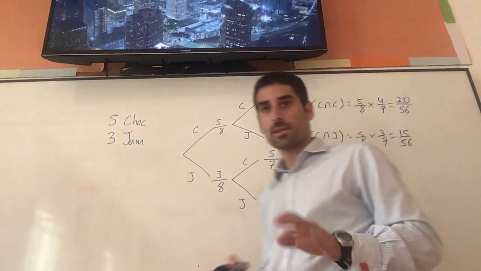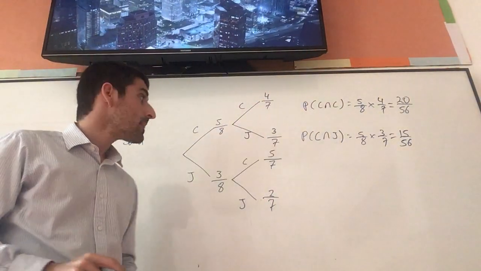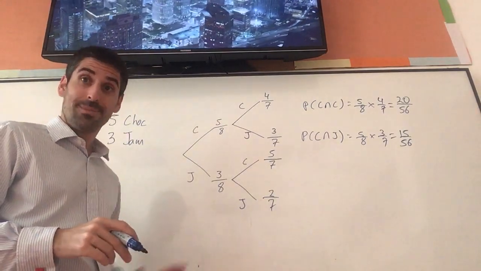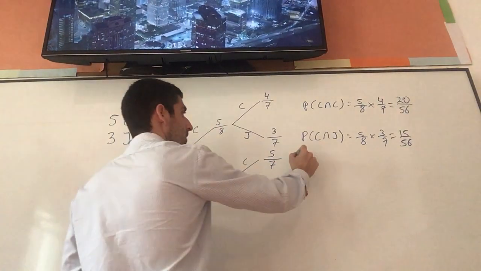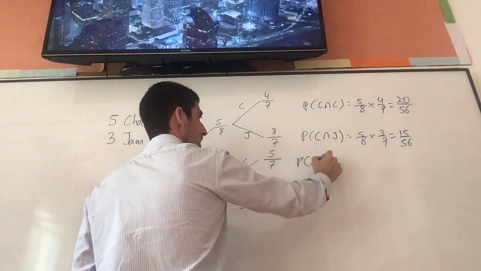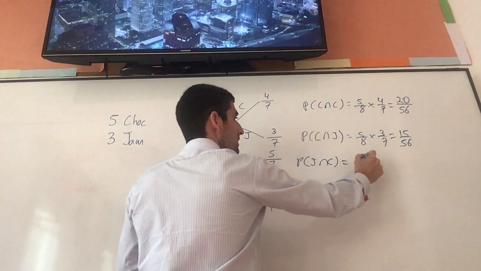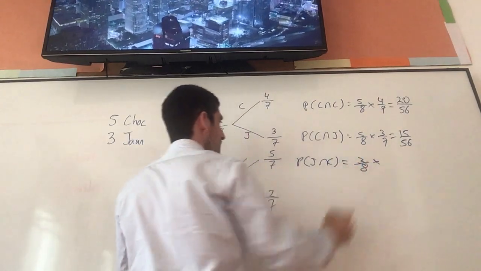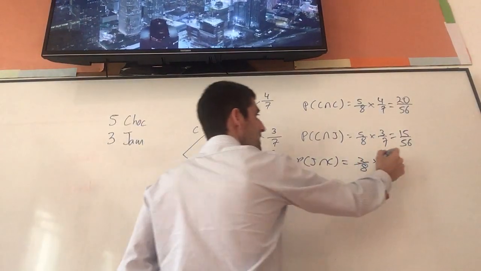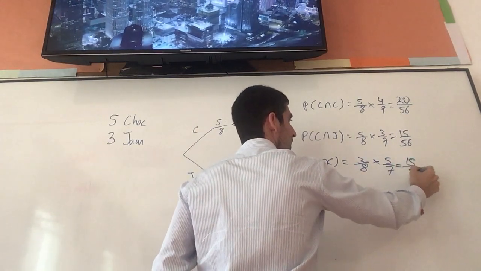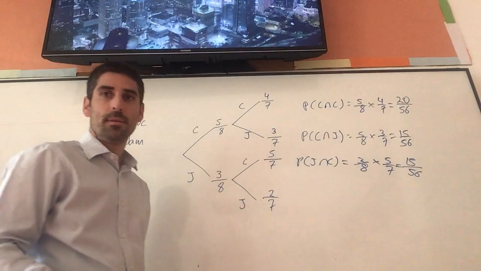So that's the first one chocolate, the second one being jam. But I could also do the other way around. The first one could be jam, and the second one chocolate. So the probability of jam and chocolate is 3/8 times 5/7, which is also 15 out of 56.